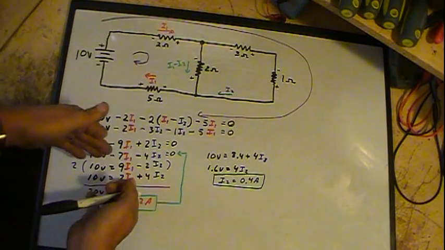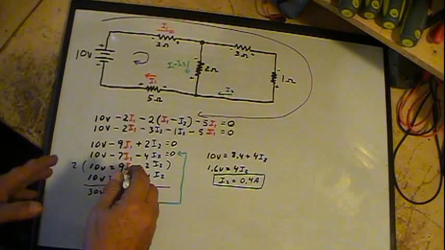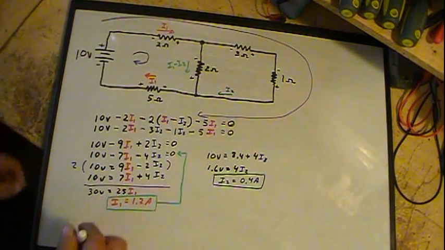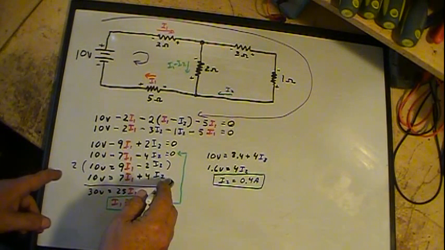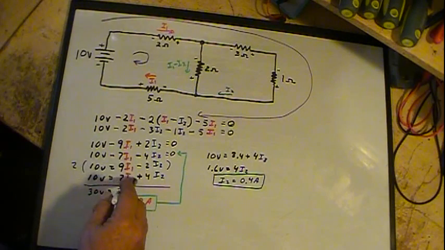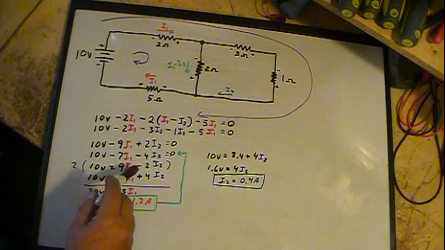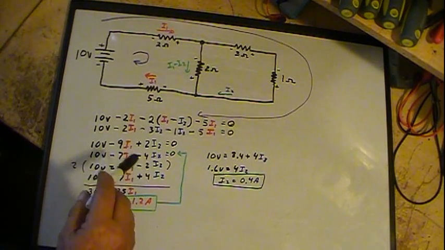I have two equations, or what they call simultaneous equations, and I have two unknowns, I1 and I2. I have to have two equations to solve for two unknowns. I do have that. So what I'm going to do is add these equations together, but I want to eliminate one of the unknowns.